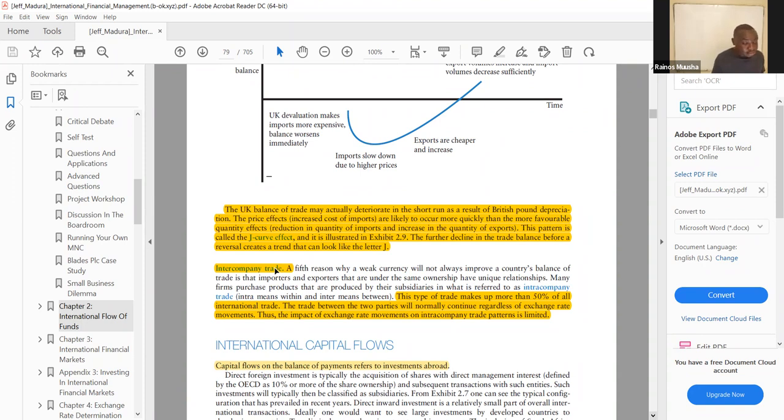So if the parent company is the one producing the product, there's going to be constant trade between the parent company and the subsidiary.